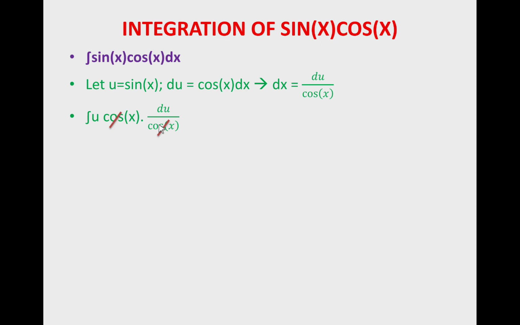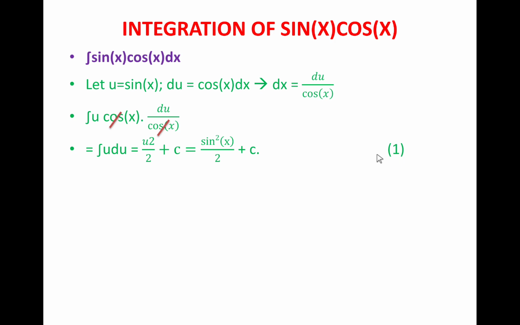We can cancel them, and our integration will be just integration of u du. That will give us u squared over 2 plus a constant. Then we go back and replace u by its equivalent, which is sine x. That will give us sine squared x over 2 plus a constant. We will call this equation number 1.